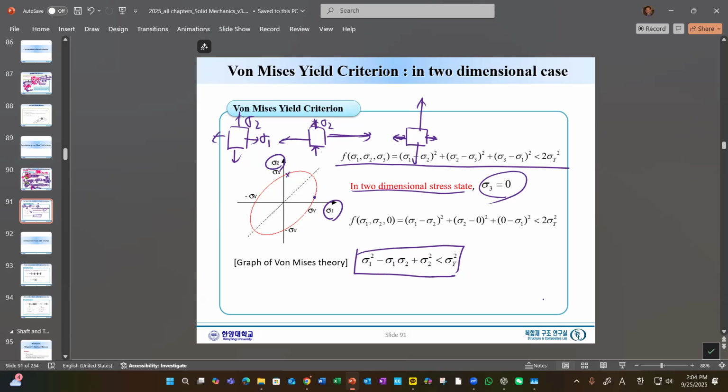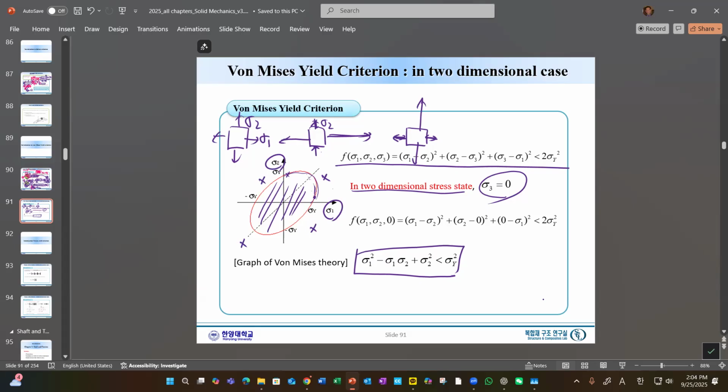But now we can see that from this equation, we have a criterion graph, saying that within this, the material will be safe. The material will not fail. But outside of this graph, here or here, what will happen?